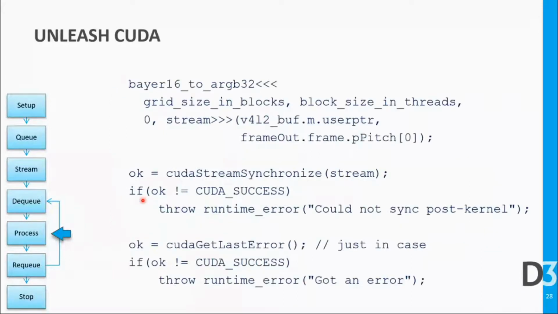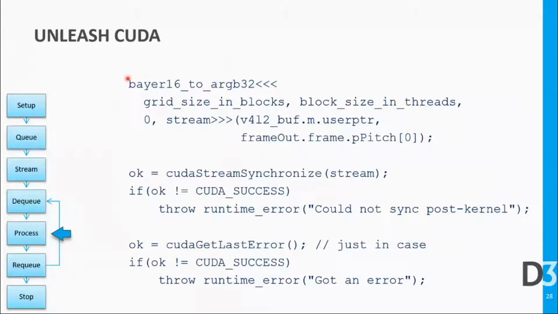Finally, CUDA. So this is where we actually do the processing. If you've not seen this syntax before, you're not alone. CUDA is a lot of things. One of those things is an extension to C++ that adds this syntax for launching a kernel, which is to say calling a function on the GPU.